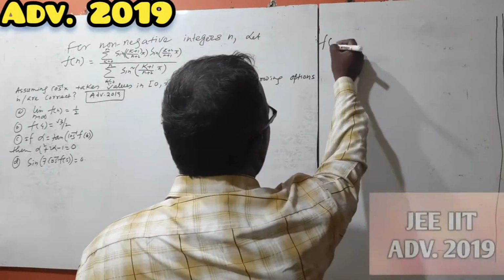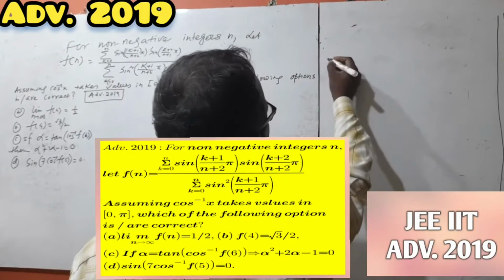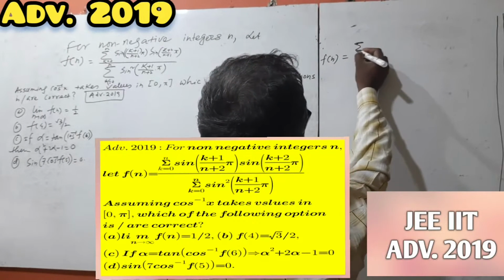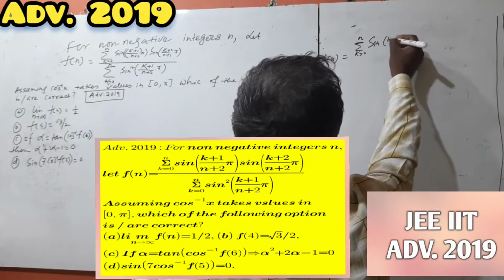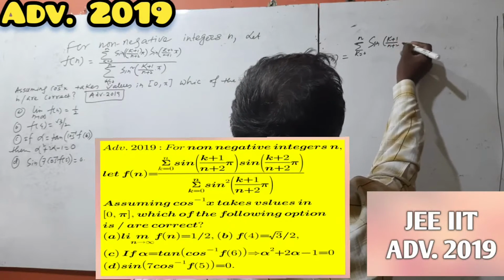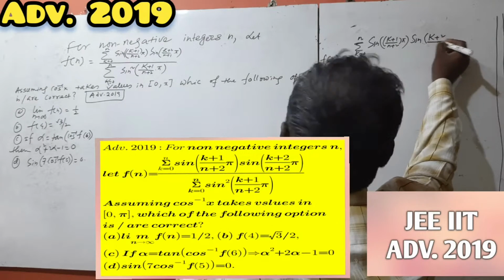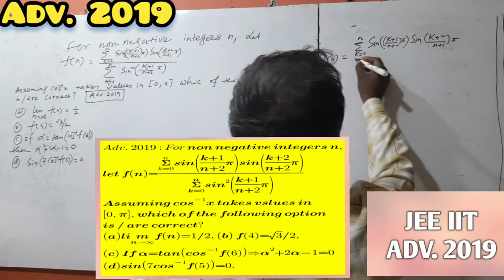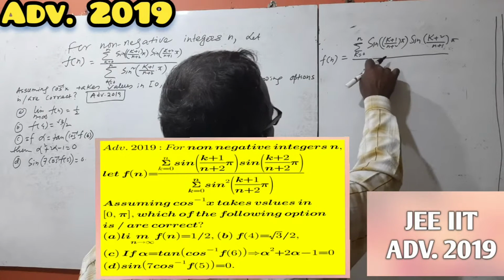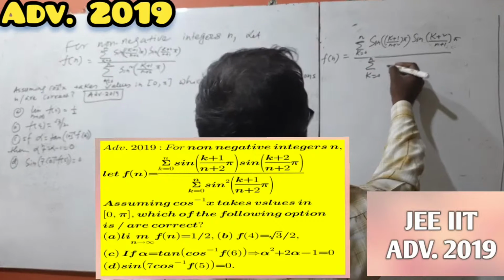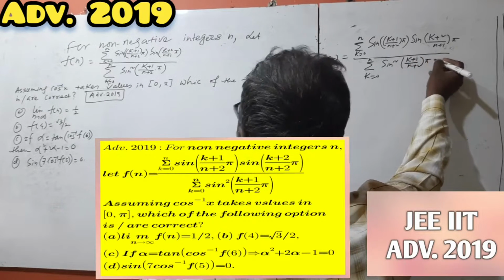This is f(n), the summation from k equals 0 to n of sine of (k+1)/(n+2) times pi into sine of (k+2)/(n+1) times pi, over the summation from k equals 0 to n, this is n, not infinity, I wrote it wrongly before, of sine squared of (k+1)/(n+2) times pi.